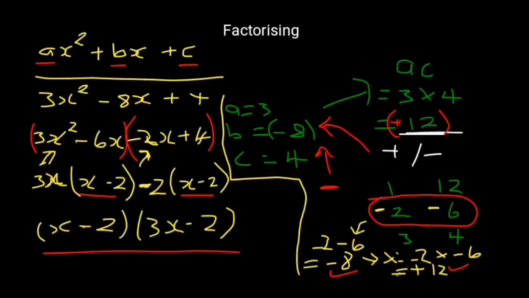If we go back to our previous question, we had our b value as negative and our c value as a positive. So b negative, c positive. So let's go over to our table. Remember, b negative and c positive.